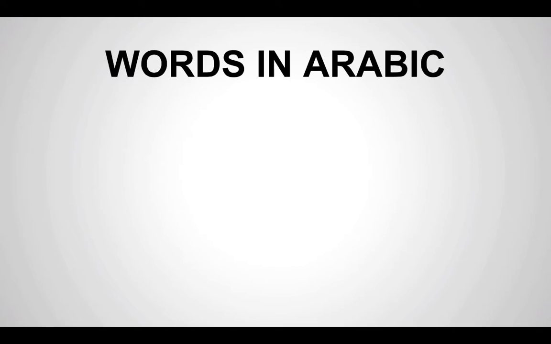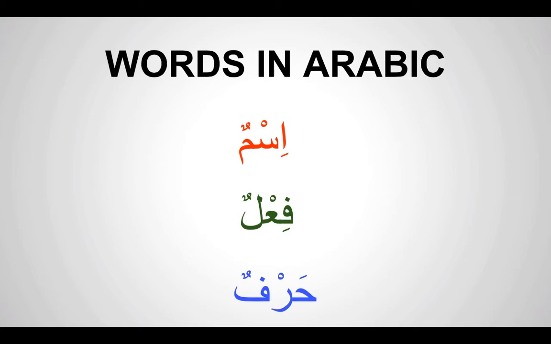Then we learned about what are the different types of words in Arabic. So letters form words. So we learned that there are 3 types of words in Arabic which form the whole sentences, paragraphs, and whole books, and those words are called ism, fi'al, and harf.